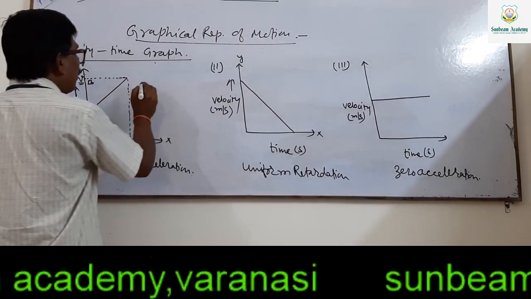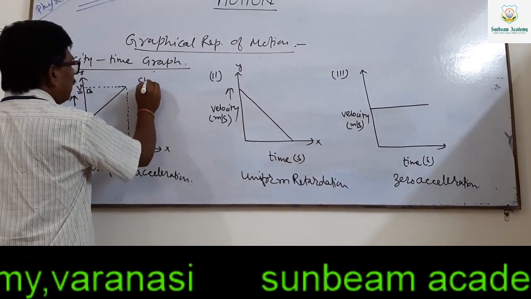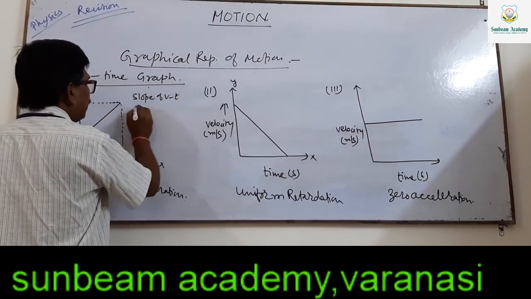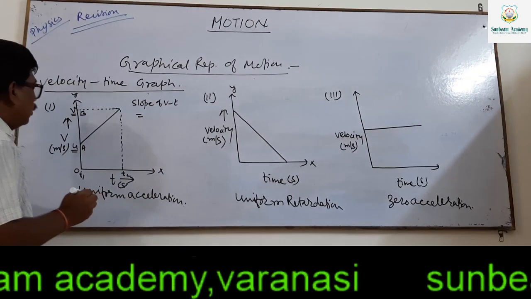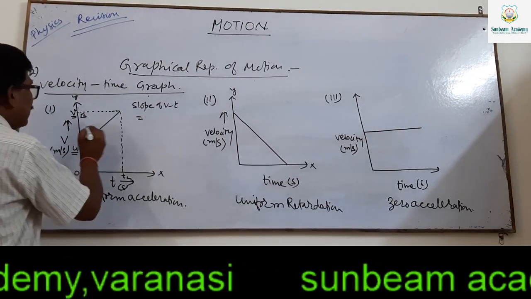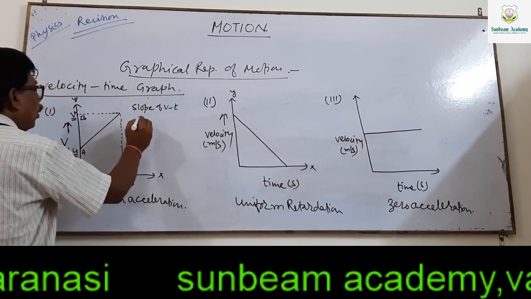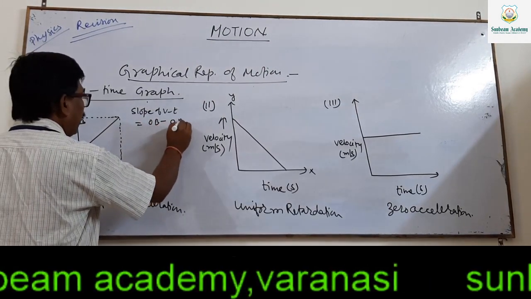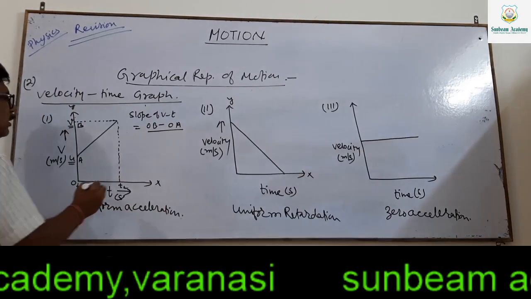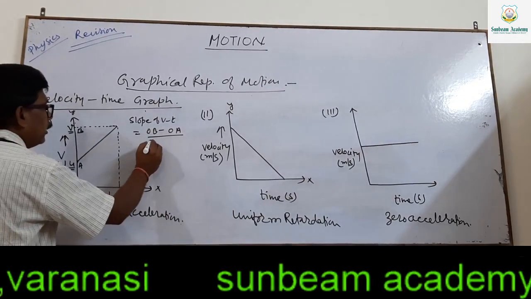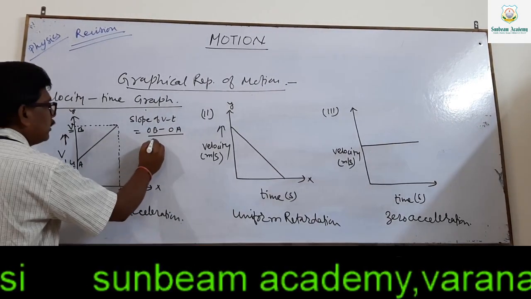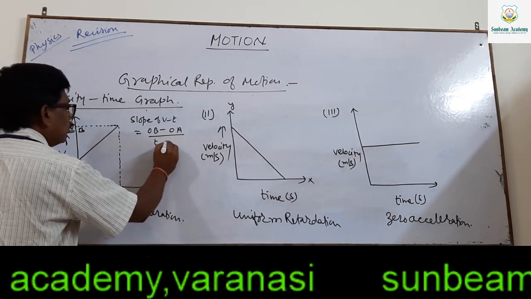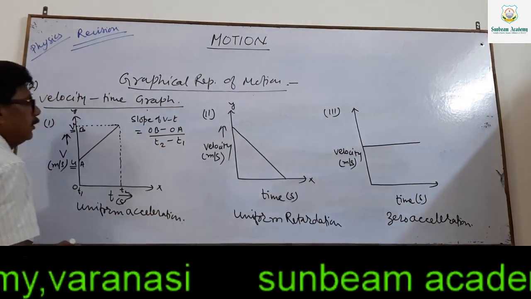So the slope of the velocity time graph, slope of V-t, equal to what? That is OB minus OA upon T2 minus T1.